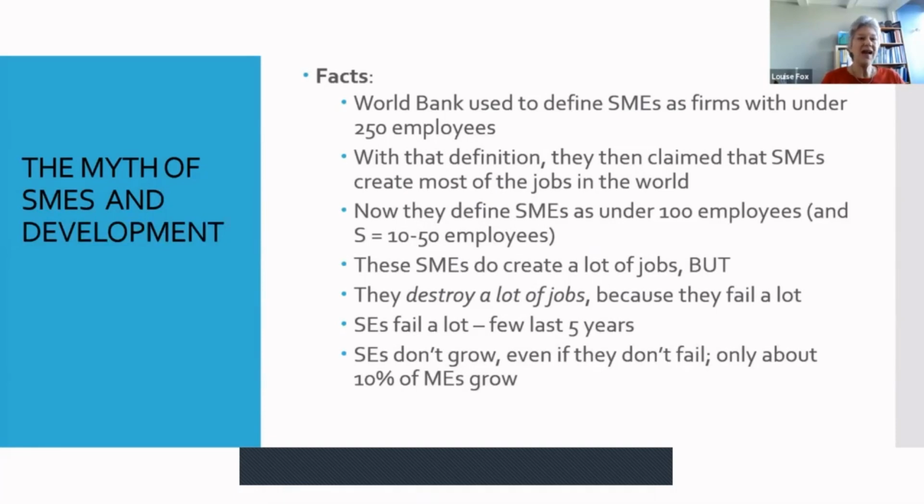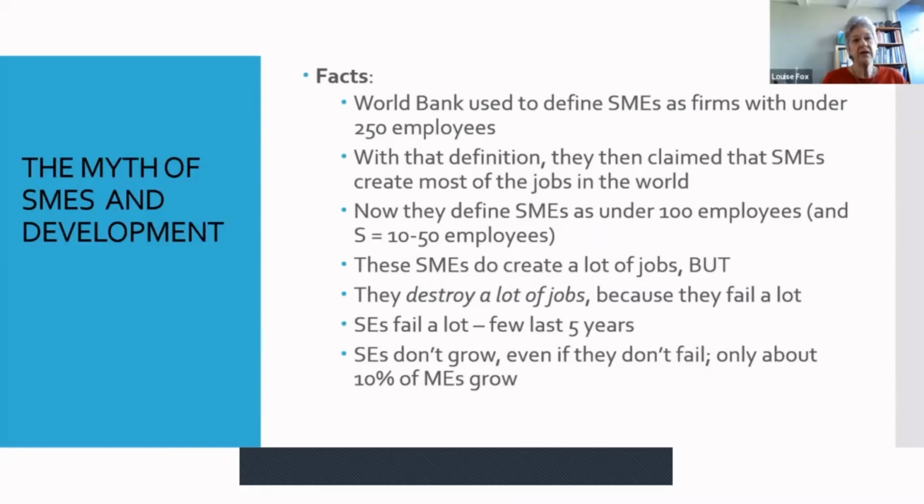And so what you're having is a lot of churning and job creation and job destruction. So if you only focus on the creation part, you miss the destruction part and the churning. And even medium enterprises, they last longer because they are more able to work in the ecosystem of the enabling environment of Africa with its limitations.